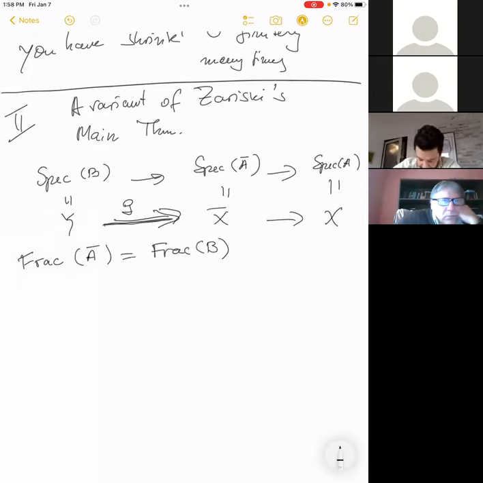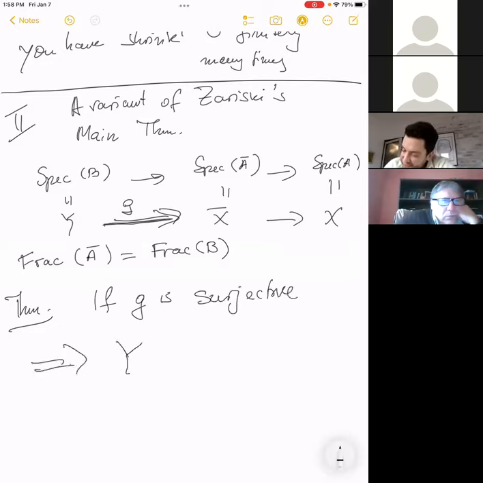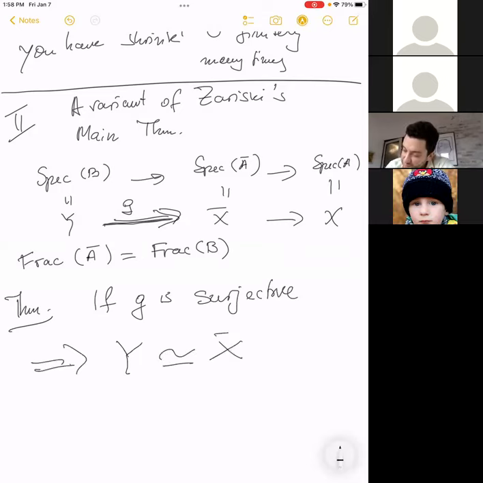Then here is the statement. It's a Zariski type result. If G is surjective, then Y is isomorphic to X bar.